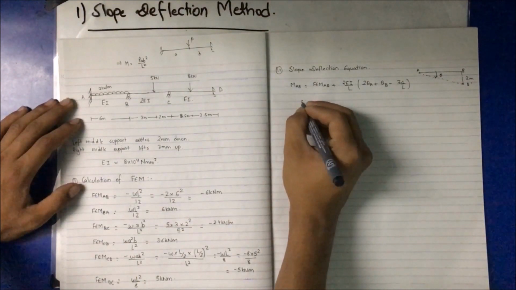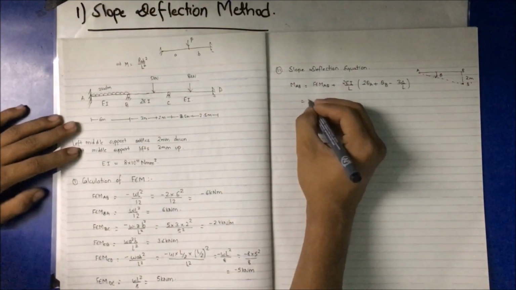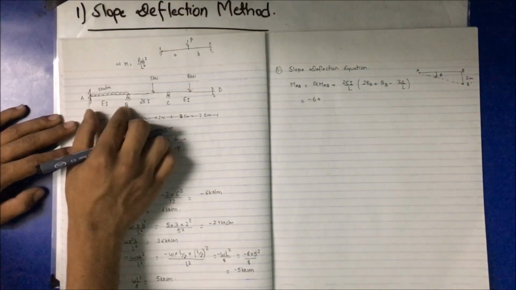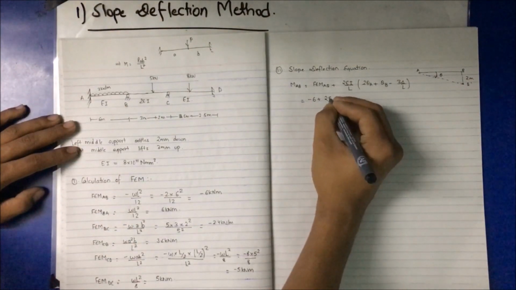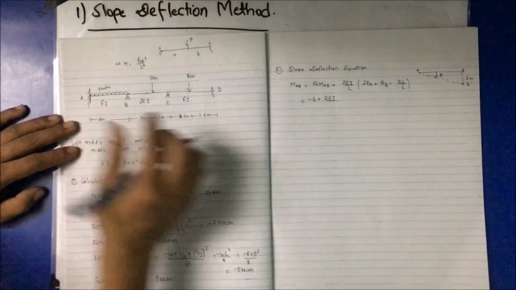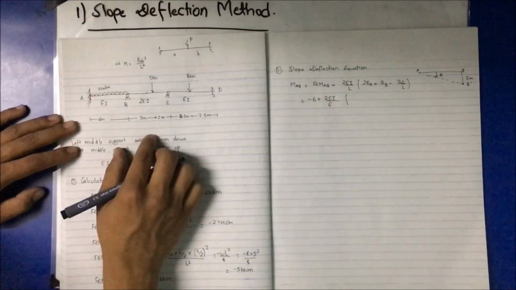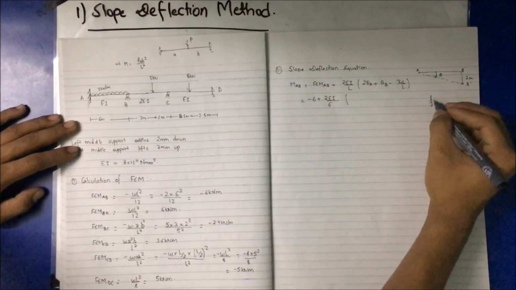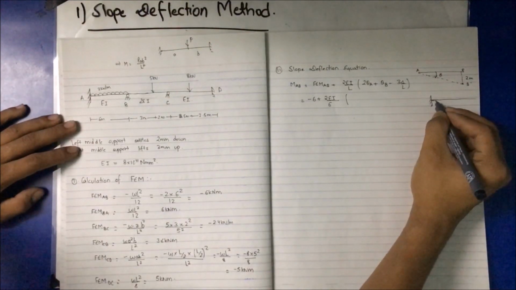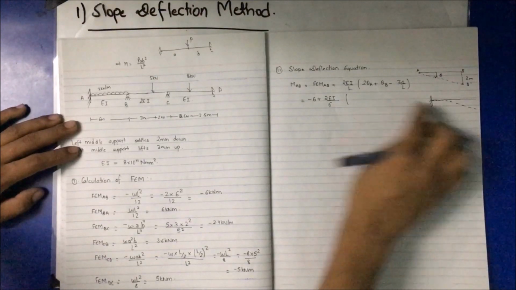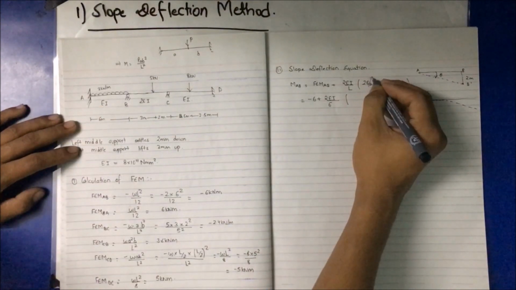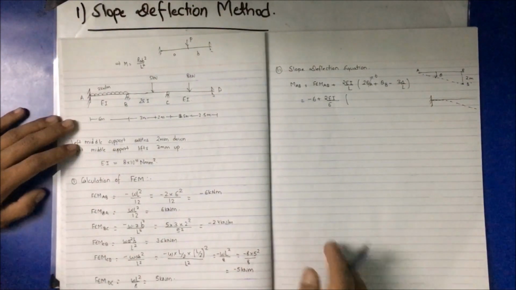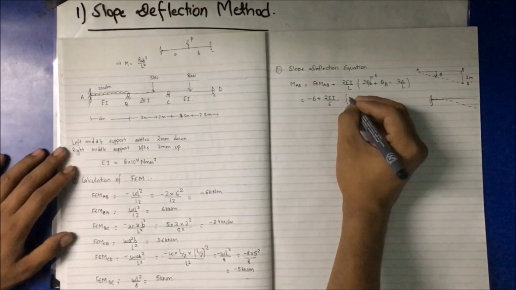Now substitute the value. Fixed end moment for AB, it is minus 6 plus the stiffness of the member is 2EI by L, L is 6 meter. Theta A, it is a fixed support, so for fixed support the rotation is 0.